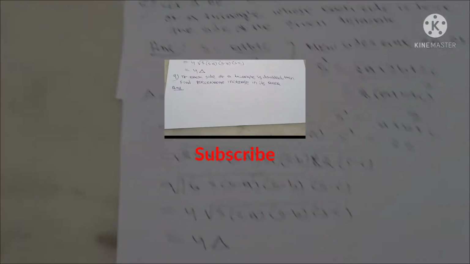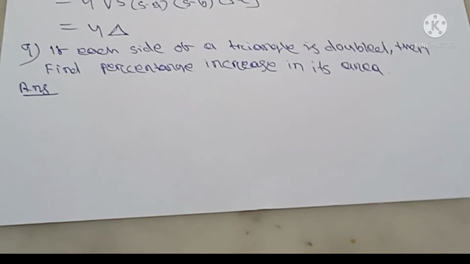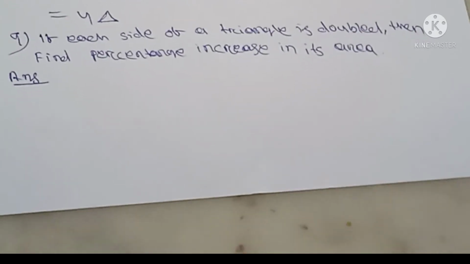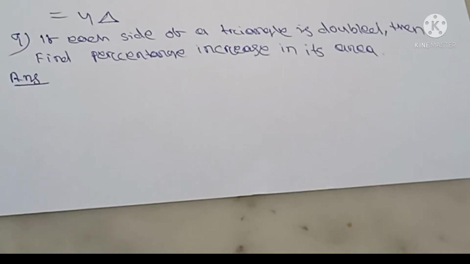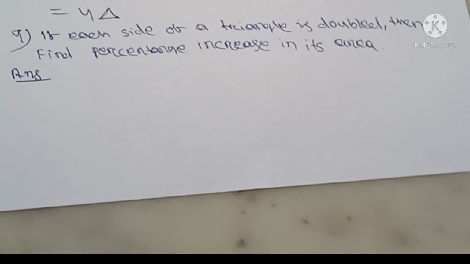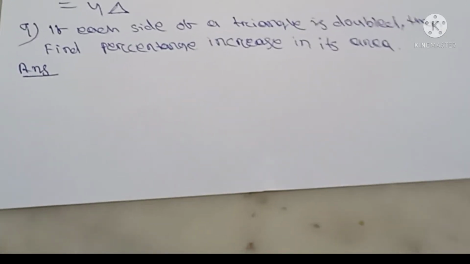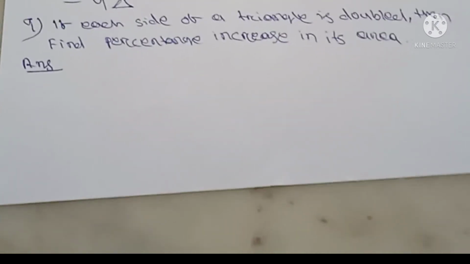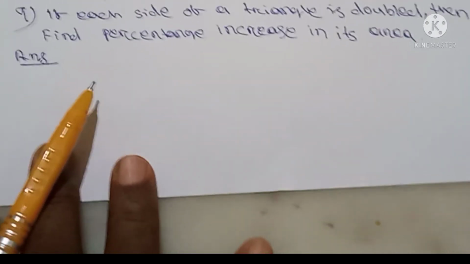Finish. Next, number 9. If each side of a triangle is doubled or twice, double means twice, then find percentage increase in its area. In our previous question number 8, we have discussed that when each side of a triangle is doubled, the area will be 4 times the first triangle.